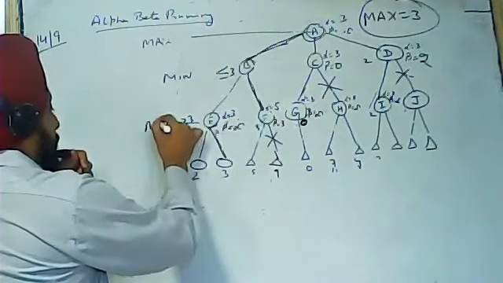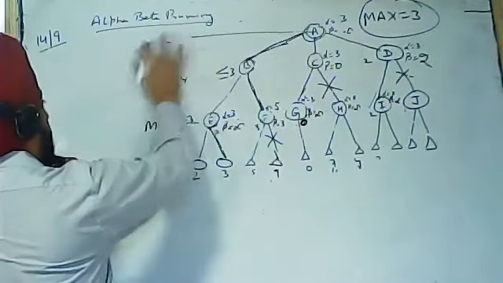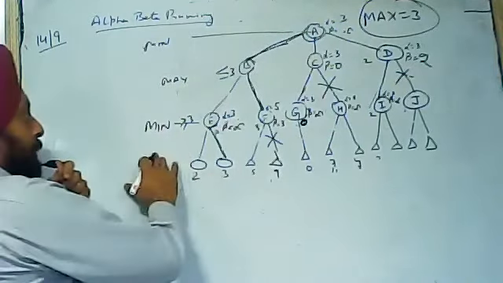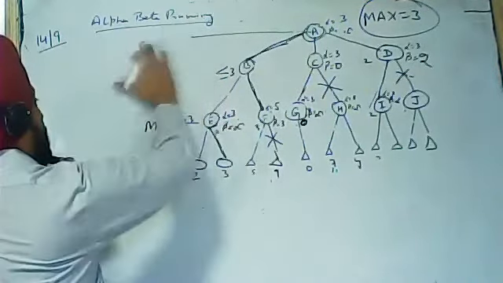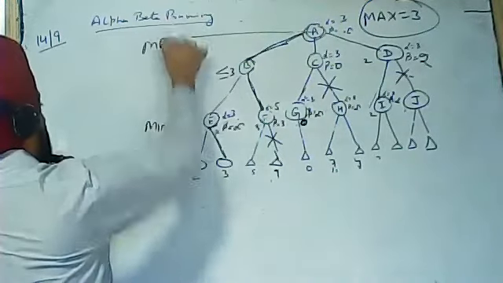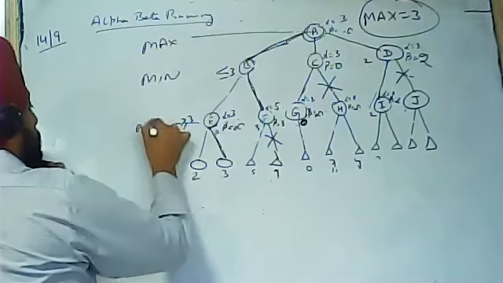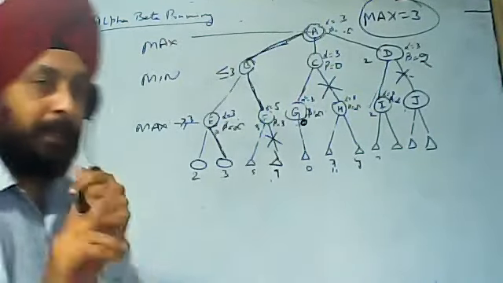You can be given a game tree with min here, max here, and min here. So you have to apply accordingly. If it is min, then the beta value changes. If it is max, the alpha value changes. But in your case, it was given max, min, and max.